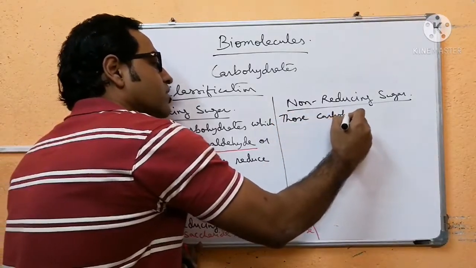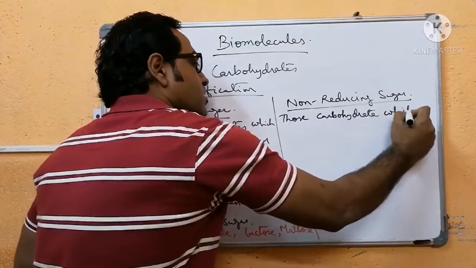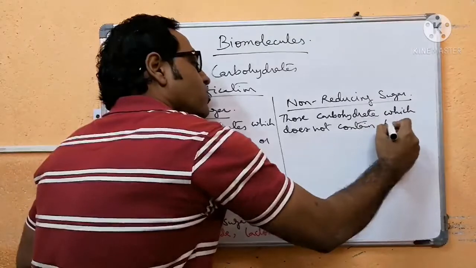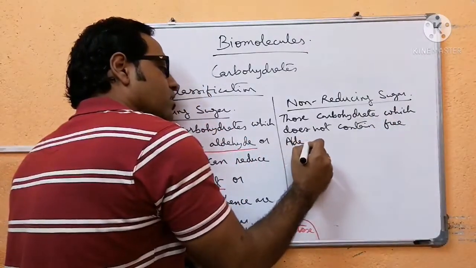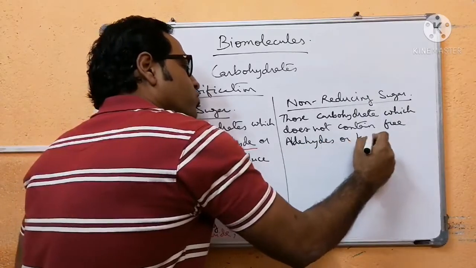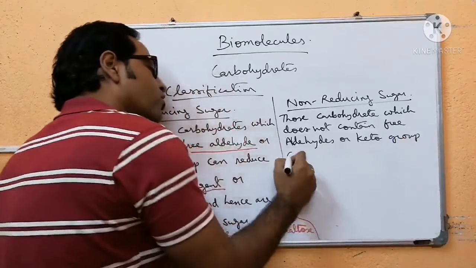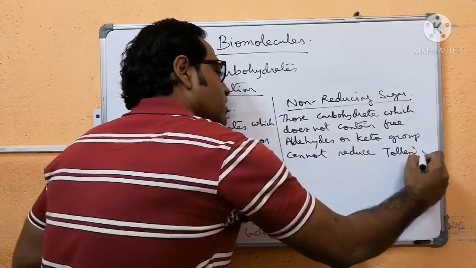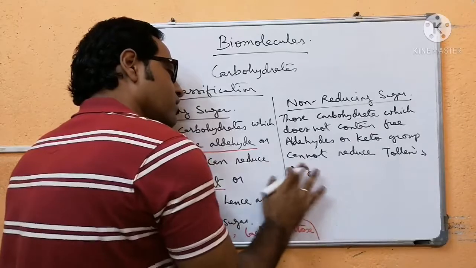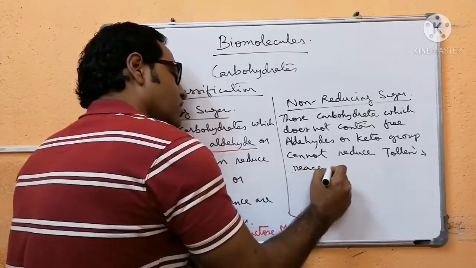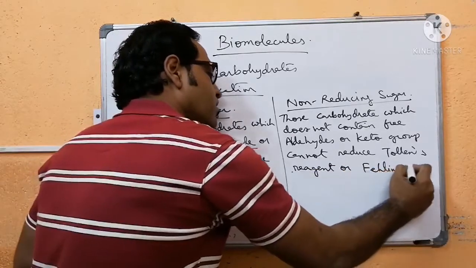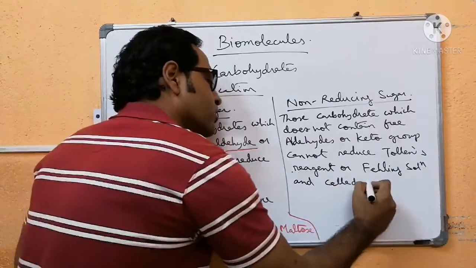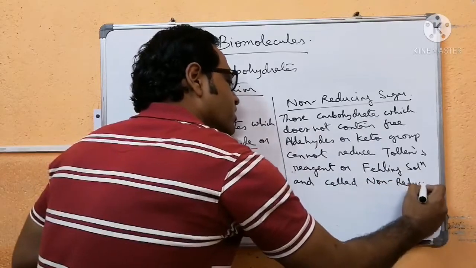Those carbohydrates which do not contain free aldehyde or keto group cannot reduce Tollens reagent or Fehling's solution and are called non-reducing sugar.